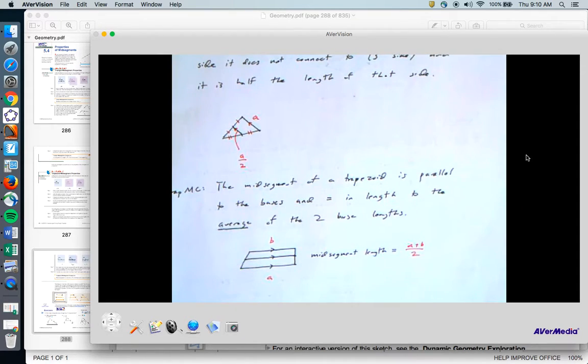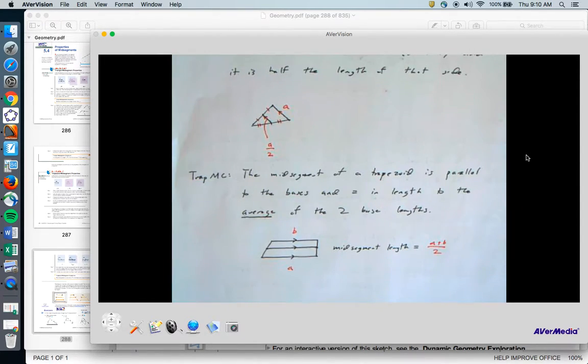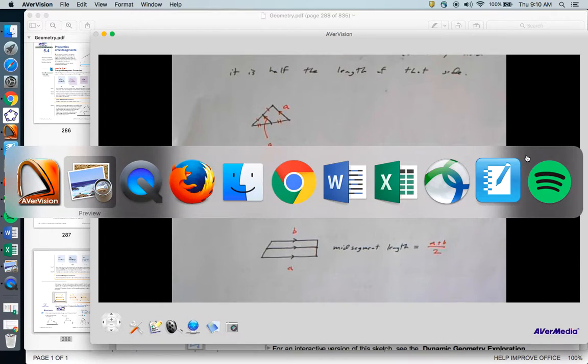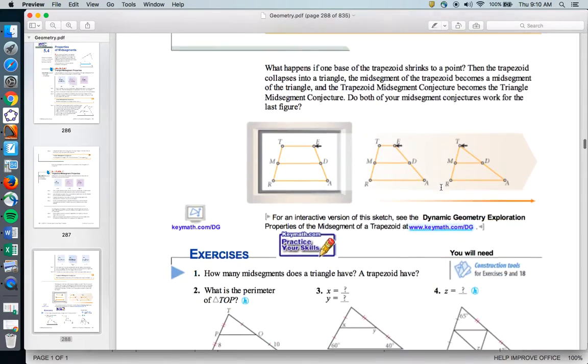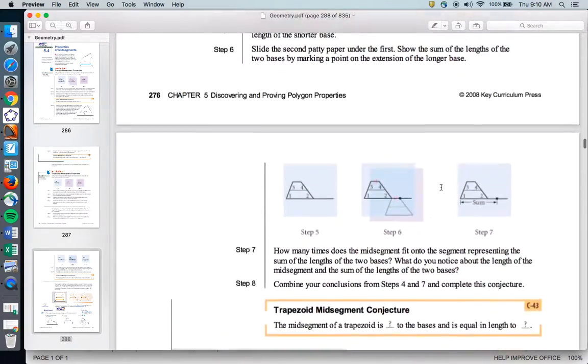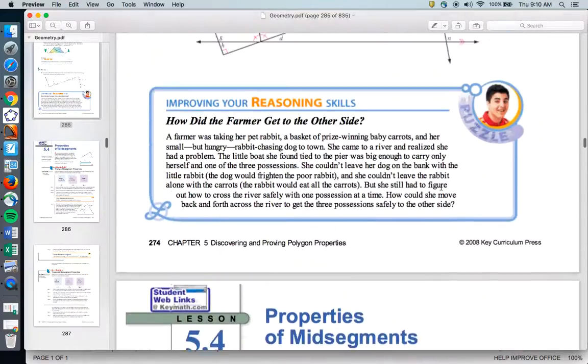It's the average. So there you go. I think we've covered all the properties in 5.4. Let's just double check that. Yep, looks like we got everything.